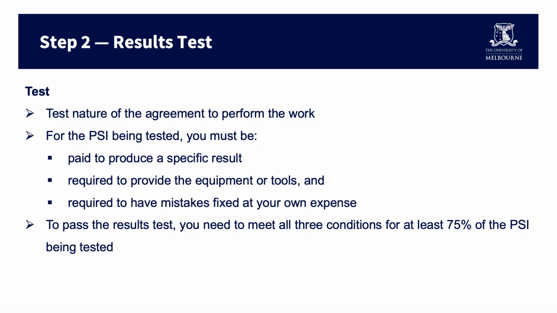Generally, you are paid to produce a specific result when payment is made after contractual conditions have been fulfilled, or being paid an amount for an agreed number of completed items or activities. To meet the condition of being required to fix mistakes at your own cost, you must be liable for the cost of fixing any defects in your work.